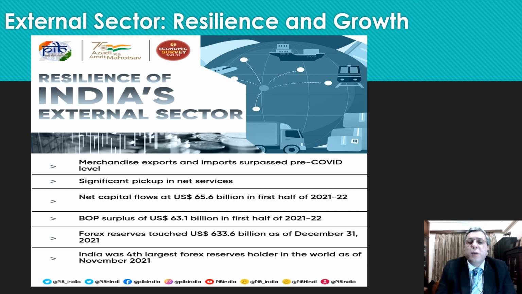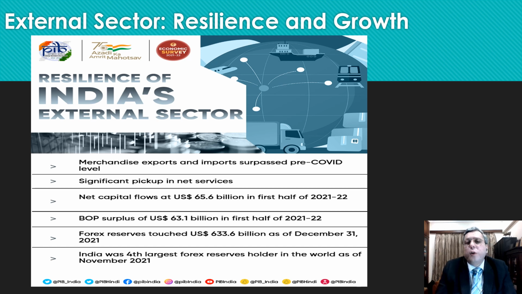Forex reserves have touched an all-time high of $633 billion as of December 31st. India is now the fourth largest holder of Forex reserves. We have a cover of 13 months of our import bill, and it's as large as the total external debt of the country plus corporate sector put together.